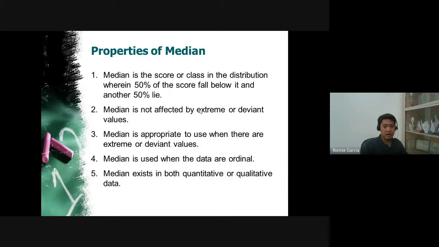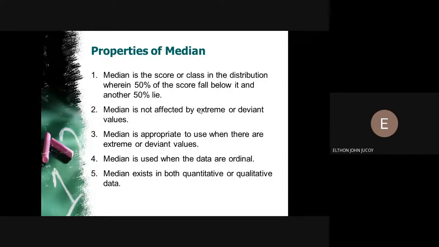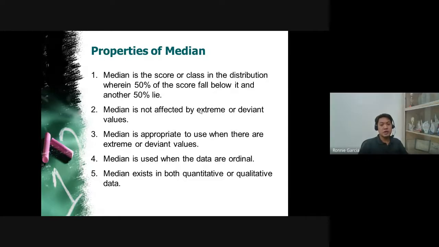How about number 5? Kindly read. Median exists in both quantitative and qualitative data. Very good. In connection also to number 4, whether it's numerical or not numerical, quantitative or qualitative, as long as it is ordered in ordinal form, you can actually locate the median.